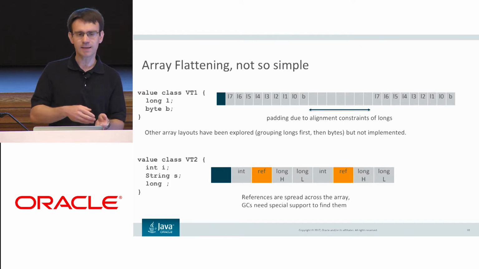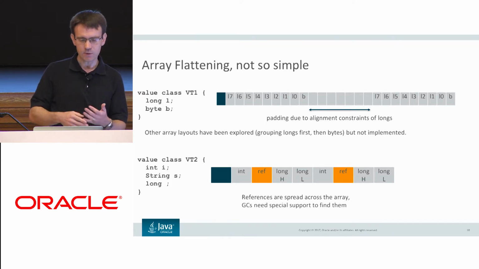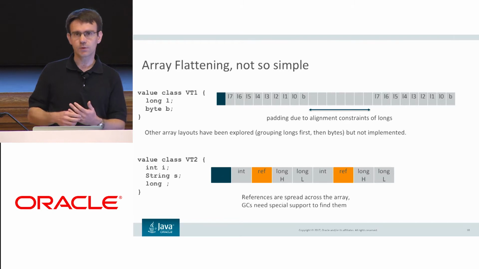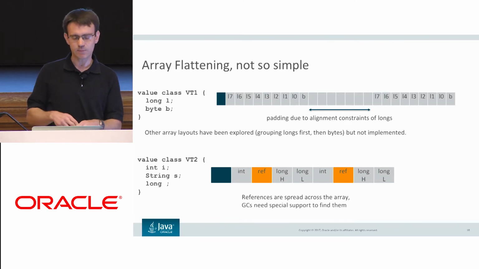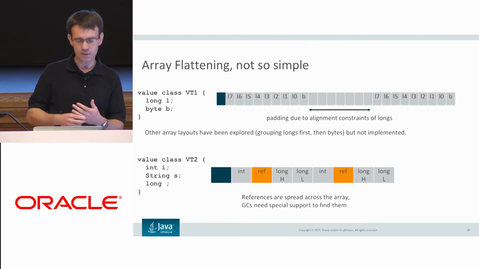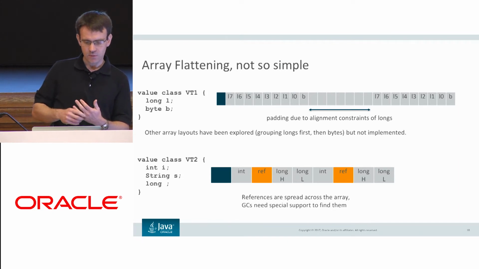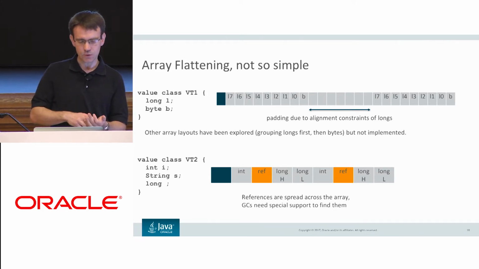We have to add padding from time to time just because some types have alignment constraints we have to respect. We have explored some other more complex layouts to get rid of this padding, but none of them have been implemented so far.